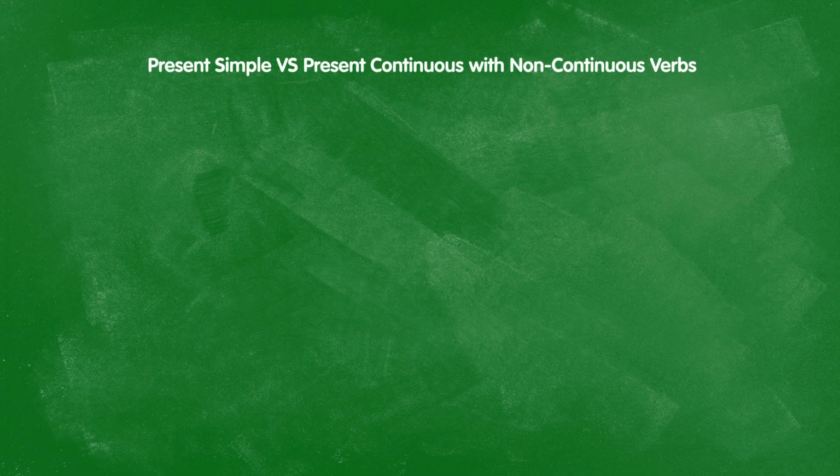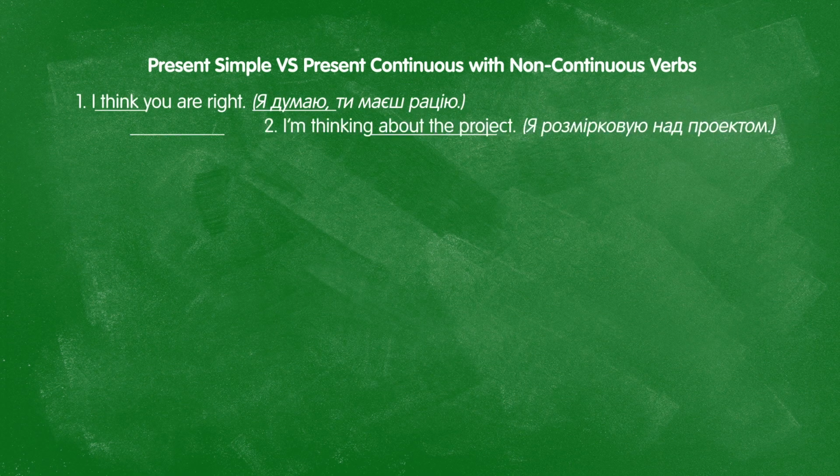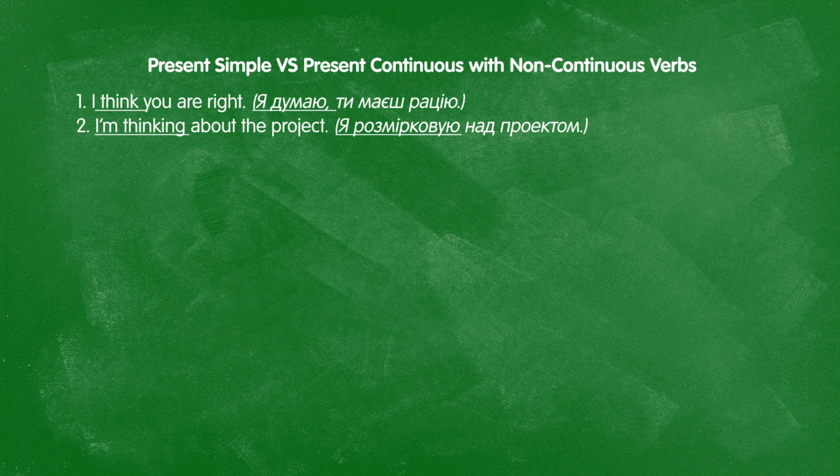But having spoken about non-continuous verbs earlier, I noted that there may be some exceptions in the way that they are used. Some non-continuous verbs are used in the present continuous tense, but their meaning changes. So let's look at some examples to see how the meaning can change in these cases. The first few examples. I think you are right, or I'm thinking about the project.